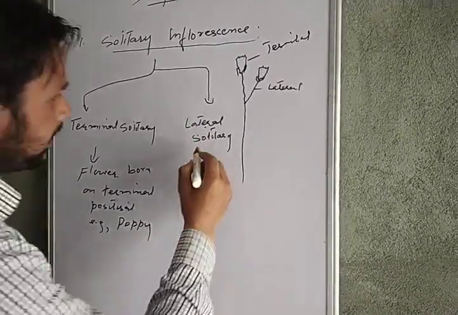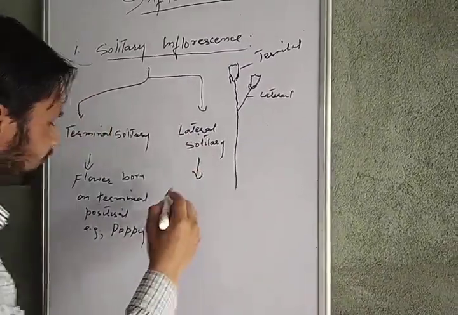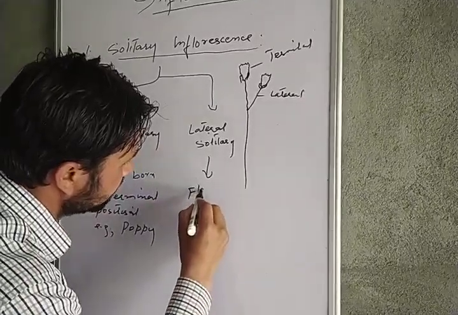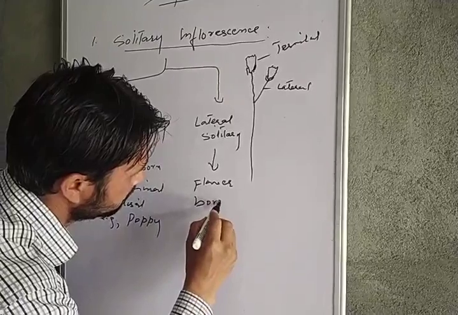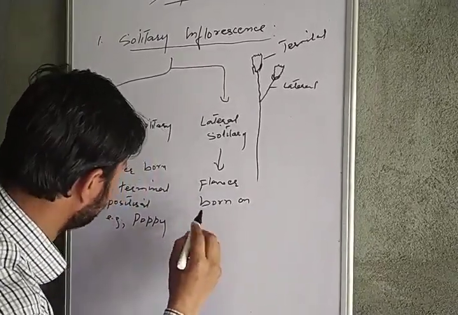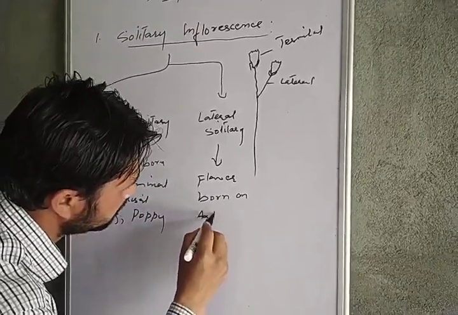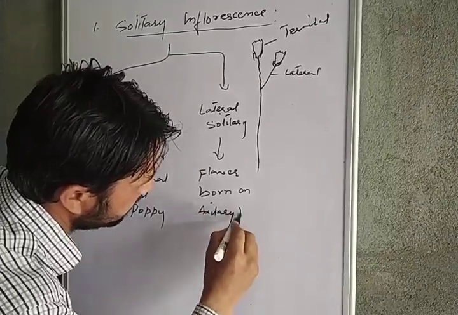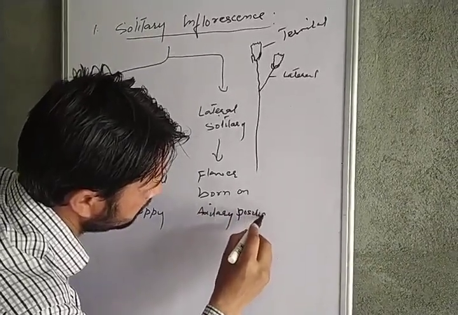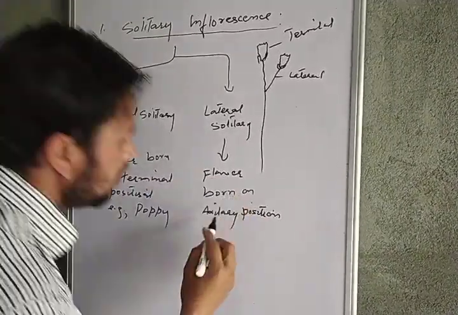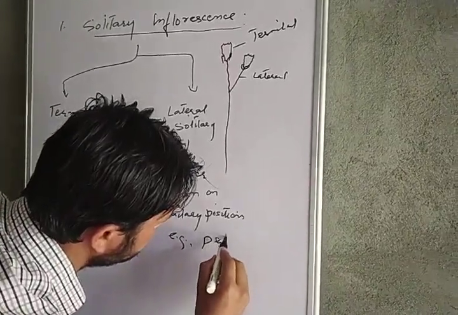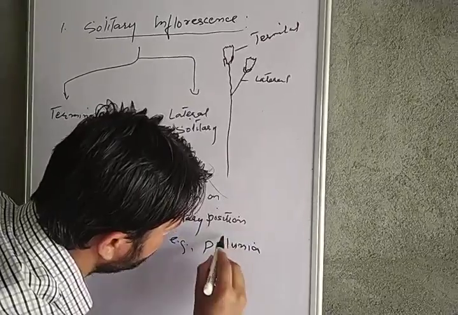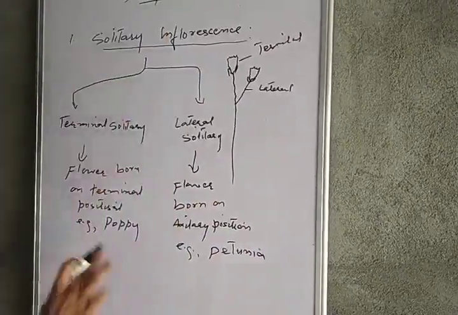And lateral or axillary means the flower is born at the axillary position, for example, petunia. Okay, these are the two examples of solitary inflorescence.